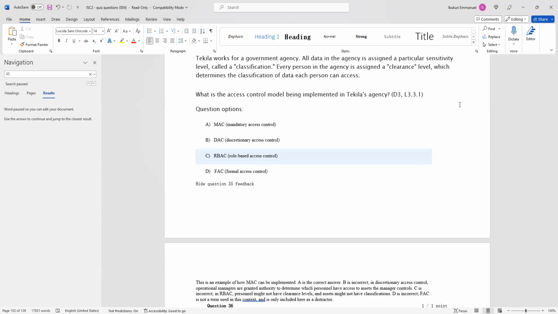So for each of those classifications, you can access certain levels of data. And that's an example of mandatory access control. It's mandatory because you're not being provided with access based on your role, but on your class. What classification label have you got assigned to you? Are you SC cleared, DV cleared, CTC, or baseline security cleared?